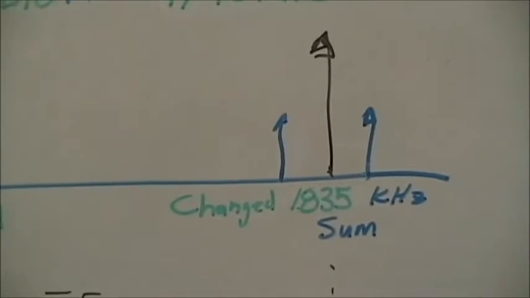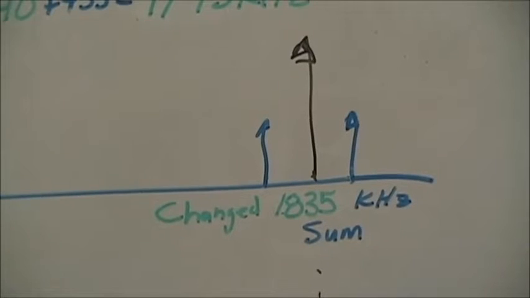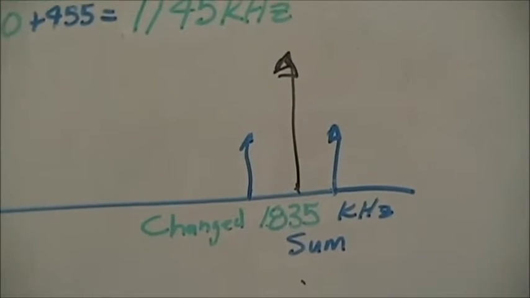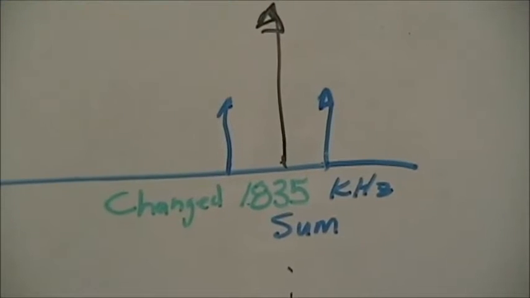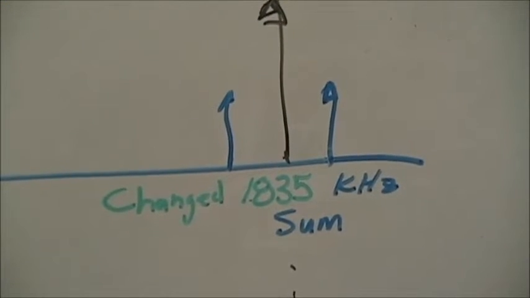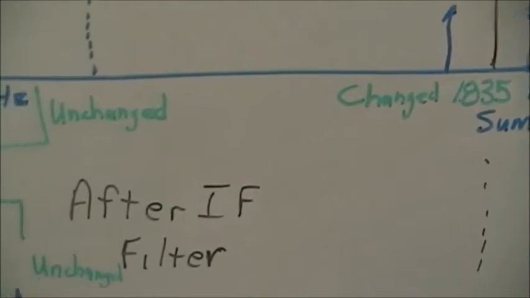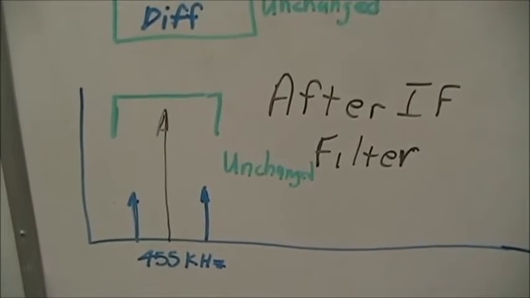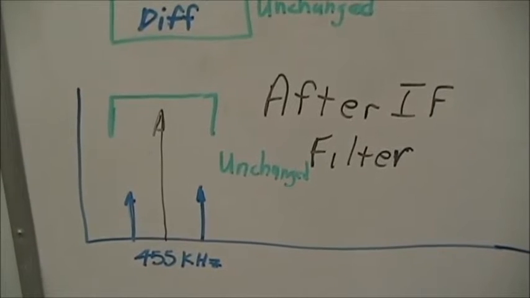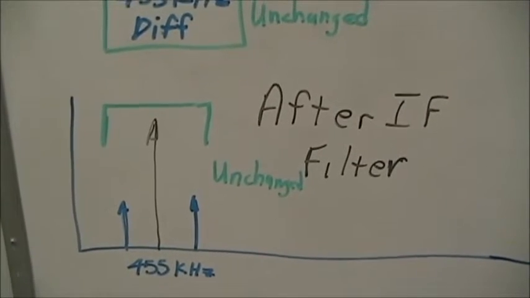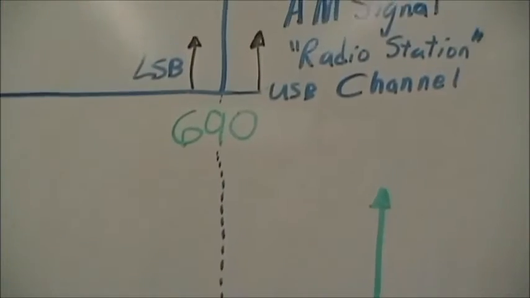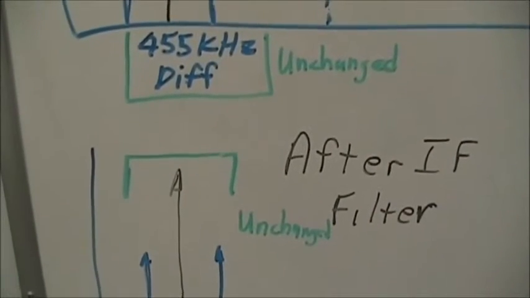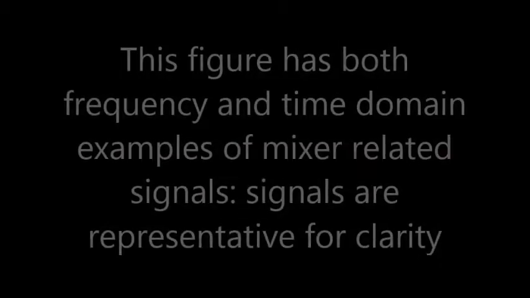However, the sum will now change to 690 plus 1145, or 1835 kilohertz. Again, after the filtering of the IF, we end up with 455, which is unchanged from previously. So the AM signal at 690 got changed to 455 kilohertz.